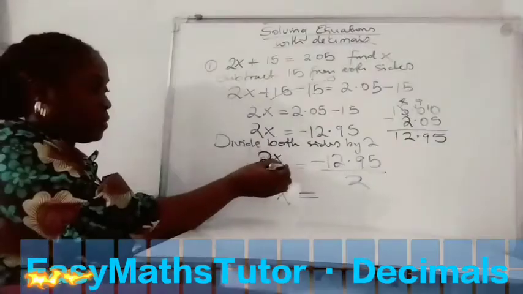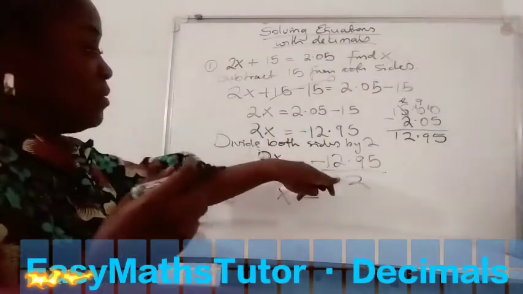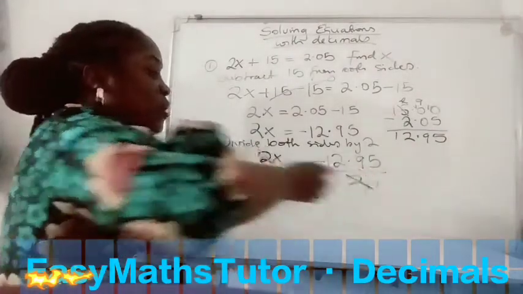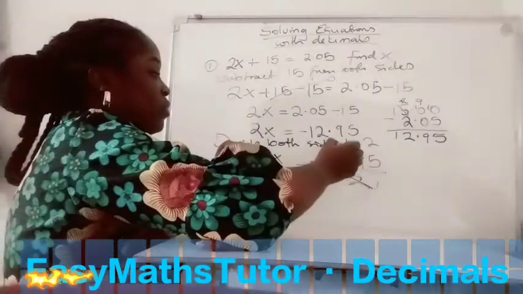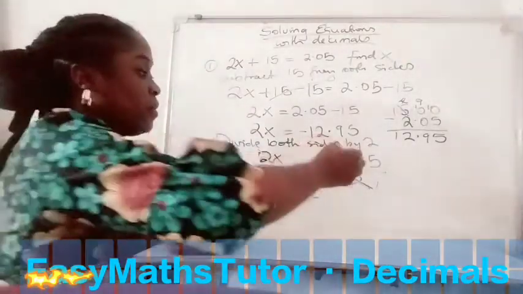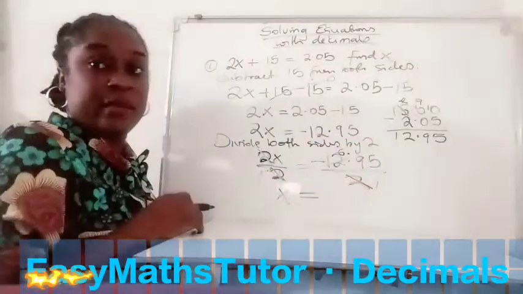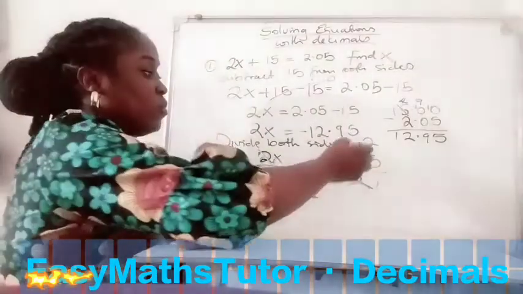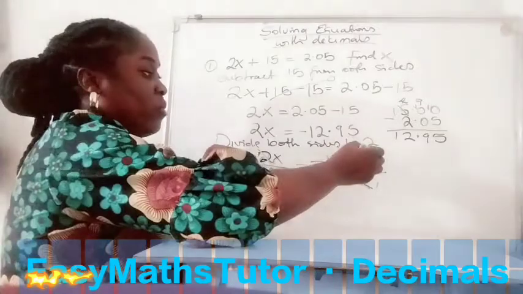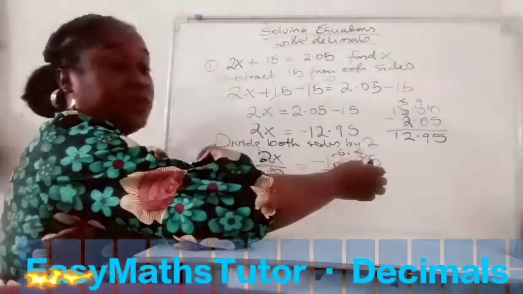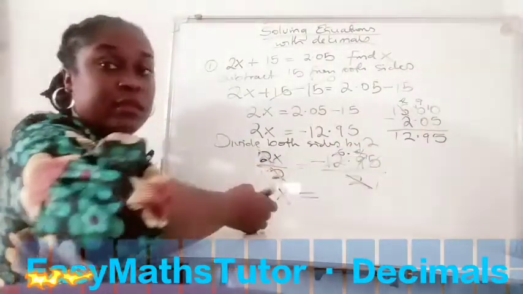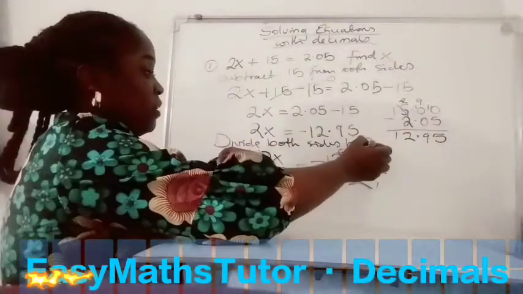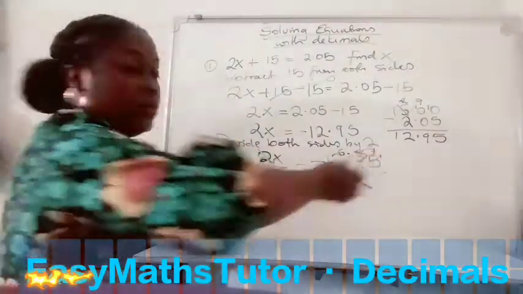2 will cross out the other 2, leaving us with x. We have to divide this. If 2 goes into 2, we have 1. If 2 goes into 12, we have 6. We'll put the decimal point there. If 2 goes into 9, we'll have 4 remainder 1, giving us 15. If 2 goes into 15, we'll say 7 remainder 1.